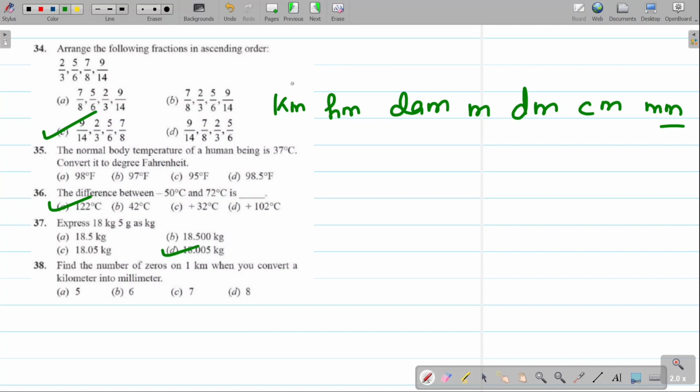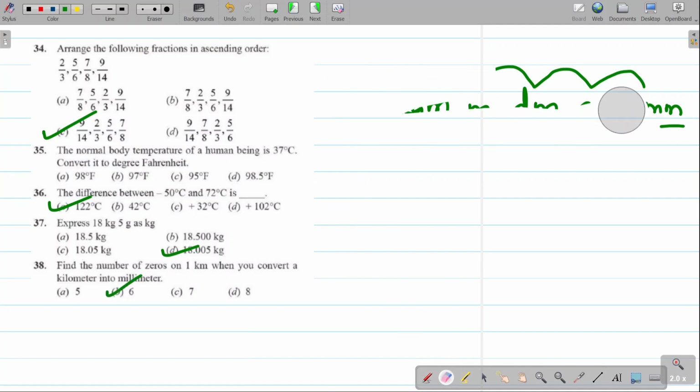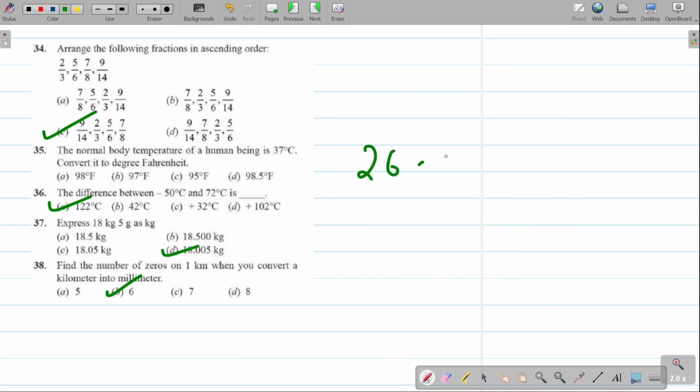We need to multiply by what? 10. How many times? 1, 2, 3, 4, 5 and 6. So we'll have how many zeros? 6 zeros. So we have this in option number B. It will be correct. So we have solved all the questions from 26 to 38 till now. We are still left with a bunch of questions that are there in the next few slides.